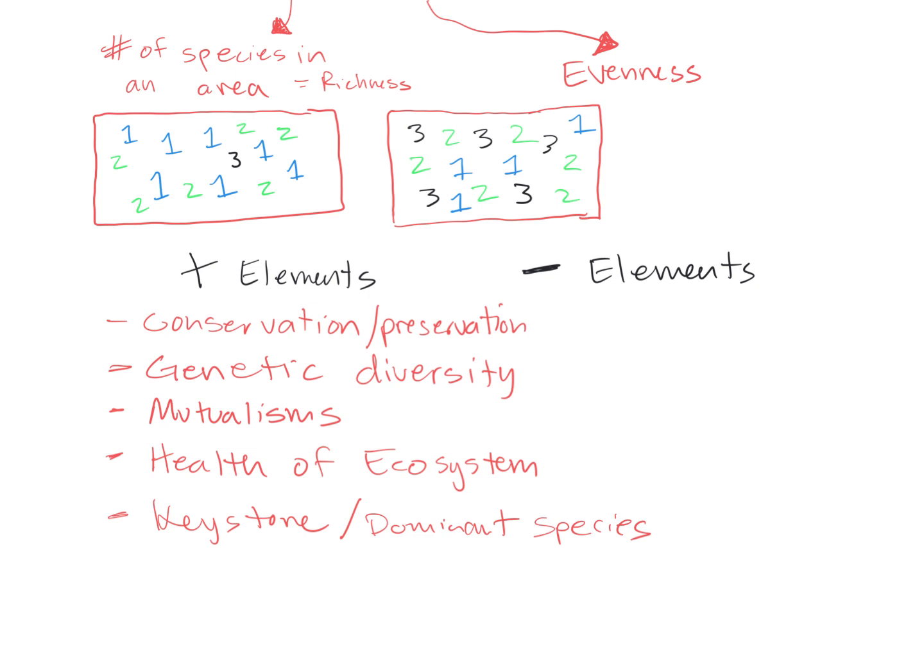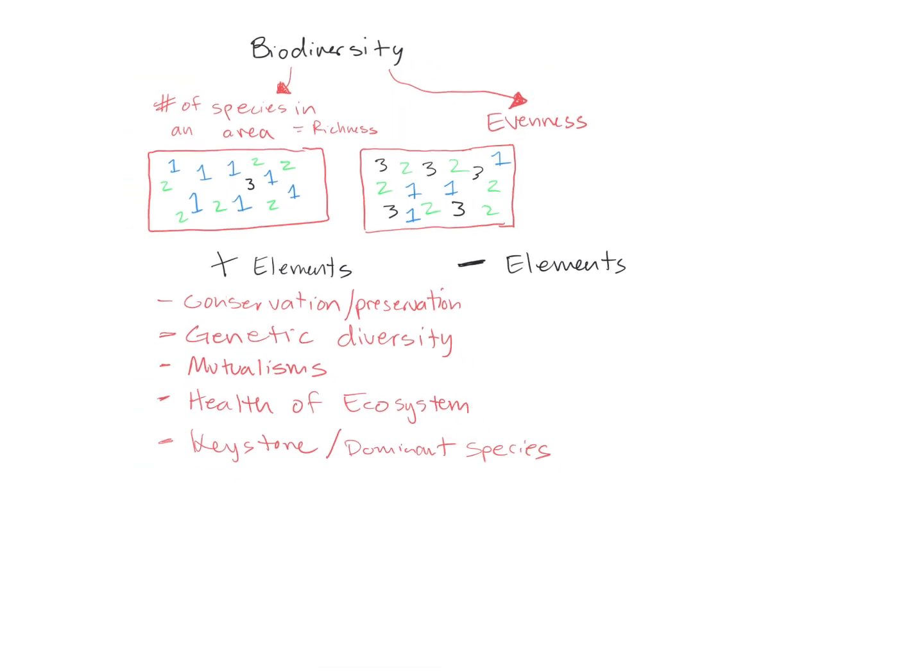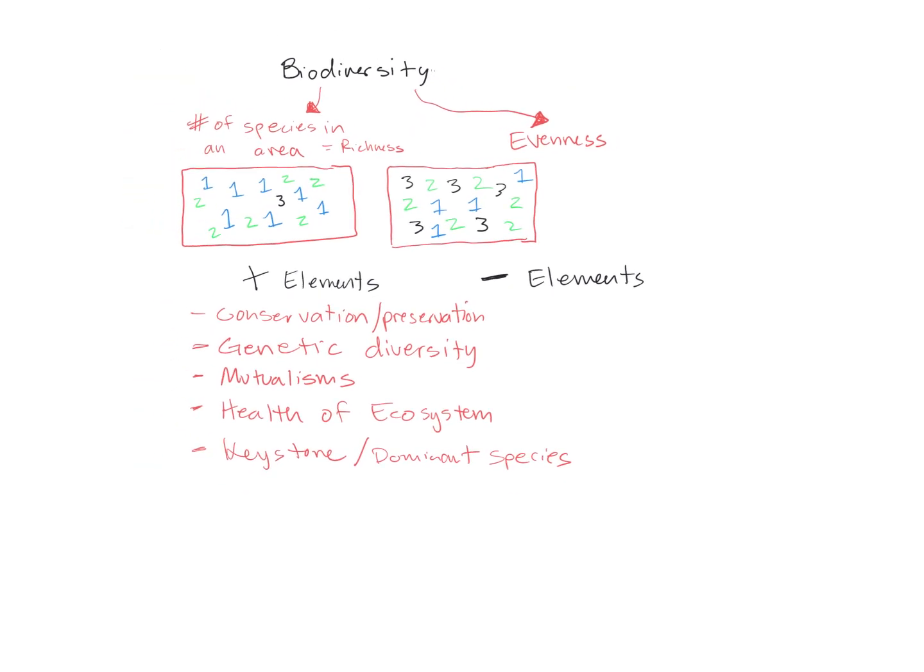All right, any other ones you guys discussed in your groups? All right, the negative elements, let's actually... So we have some elements of defining and measuring biodiversity, some positive and negative elements. Big question then.